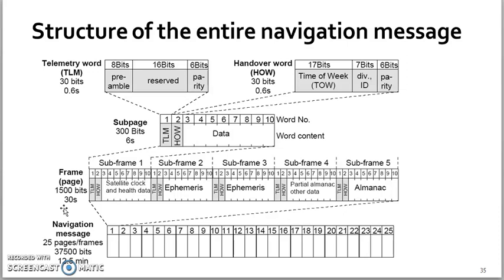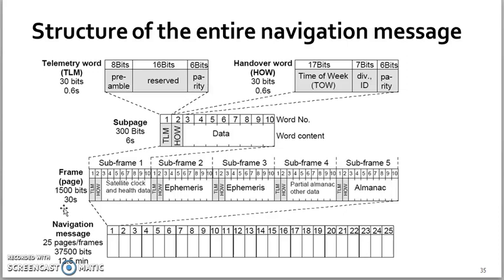That is for your GPS message, how you transmit the information. So we can say that the given GPS message transmits 37500 bits, at 50 bits per second within 12.5 minutes.